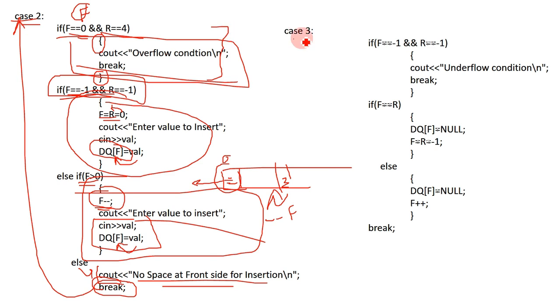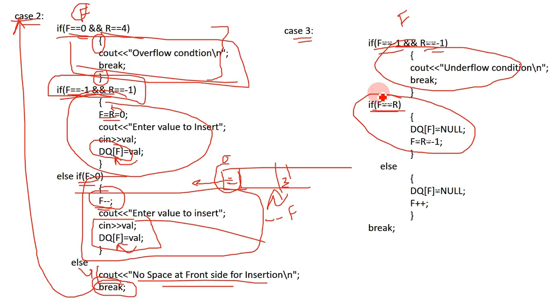Case 3 is deletion from the front side. This is the normal deletion. If front is equal to -1 and rear is equal to -1, this is the underflow condition. If front is equal to rear, it means that you are deleting the last element. Delete that element, assign a null value to that front location, and reset both the front and the rear to -1.